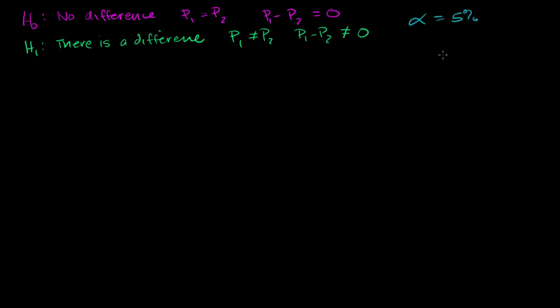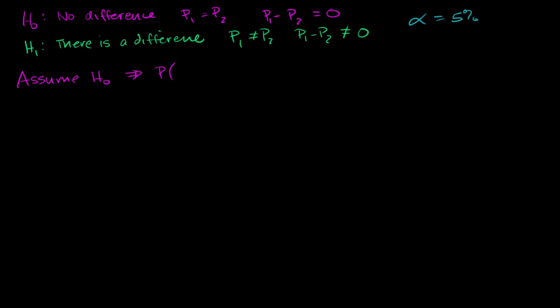And all that means, and we've done this multiple times, is we are going to assume the null hypothesis. And then assuming the null hypothesis is true, we're going to figure out the probability of getting our actual difference of our sample proportions.